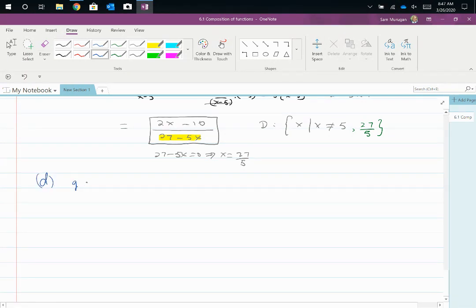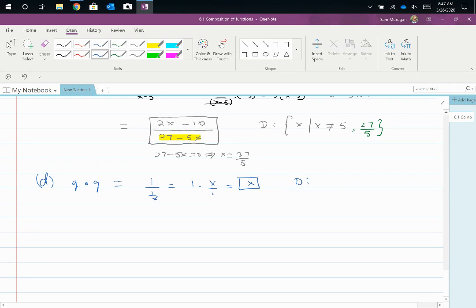And then finally, we're going to look at the g function composed of itself, which is 1 over x. And then in the place of x, we substitute 1 over x. So again, the keep, flip, change rule here, which gives x. So the resulting function is simply a linear function.